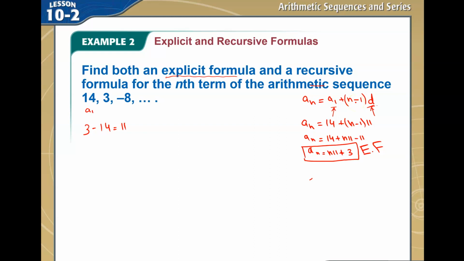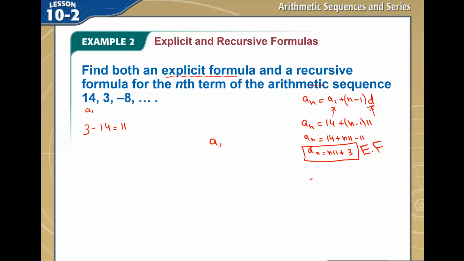Now the next thing is the recursive formula. For the recursive formula, you just state the first term, a1, separately, and then indicate the next term in terms of the previous term. Look, if I say one term is an, what will be the previous term? The previous term will be an minus 1, correct?